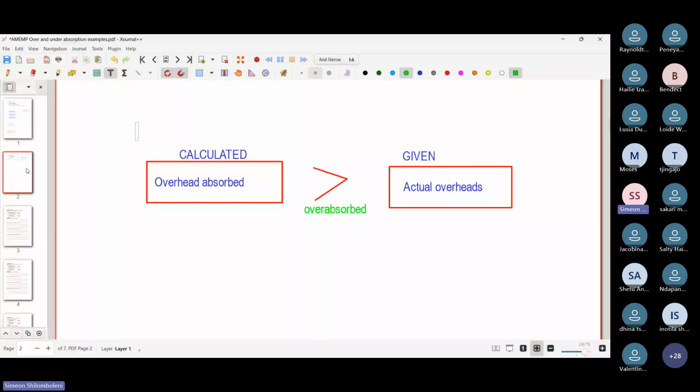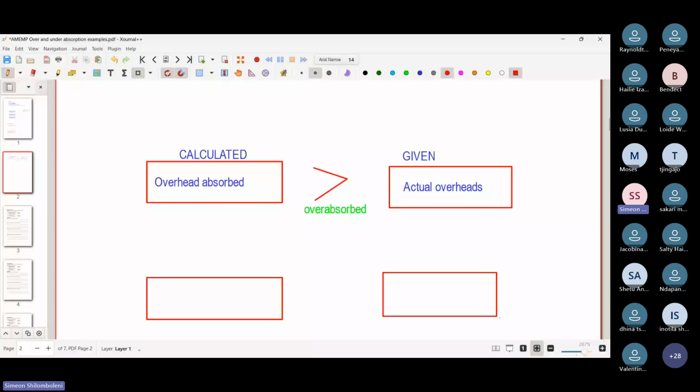Sometimes you will get the situation that is vice versa, and here you have over absorption, overheads absorbed. And then here you have your actual overheads.